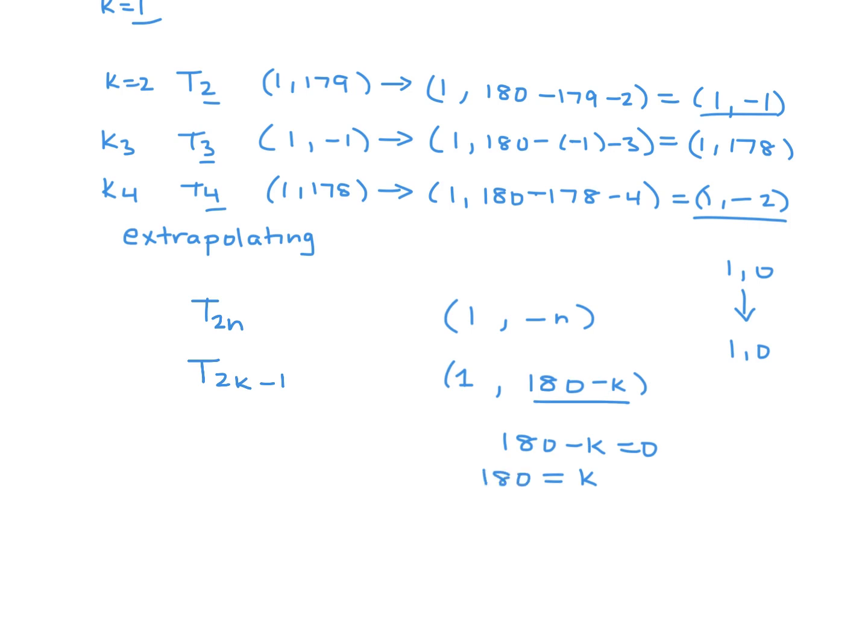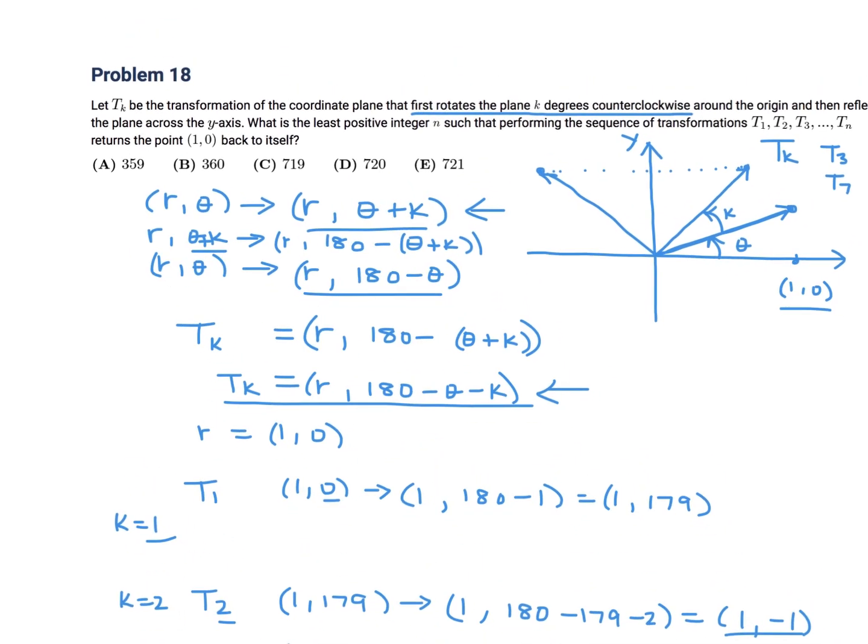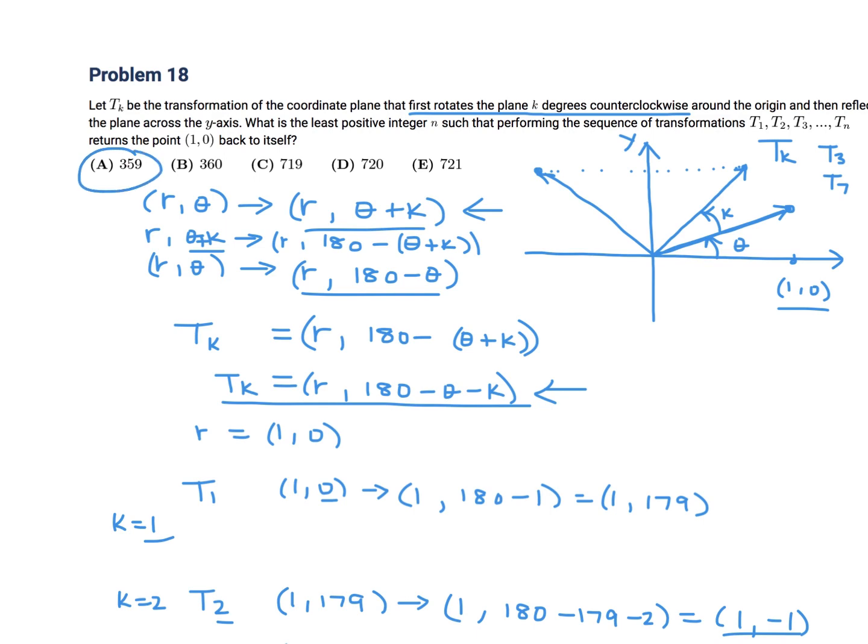If we want K to be 180, then that means that this guy would therefore be 2 times 180 minus 1, which is 359. So on T359, the 1, 0 would eventually go back to 1, 0 again. So that is 359, makes it choice A.